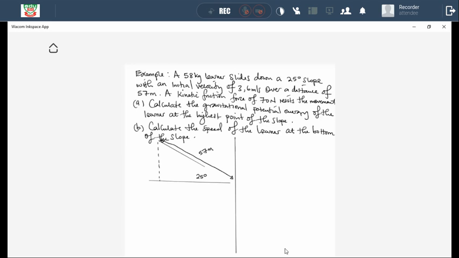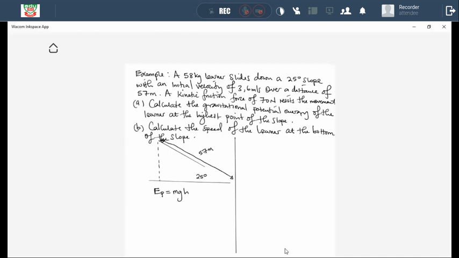Now, where do we start? What is the first question? Calculate the gravitational potential energy of the learner at the highest point of the slope. But we have a problem here, because our formula says EP is equal to mgh, but we don't have the height.